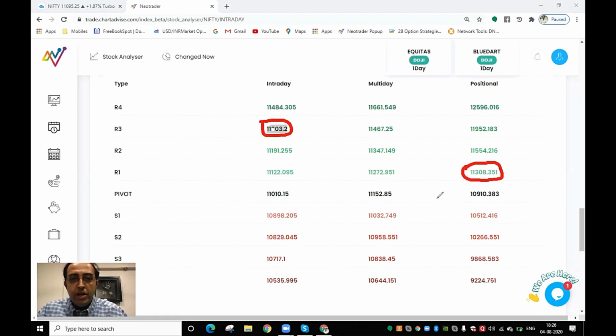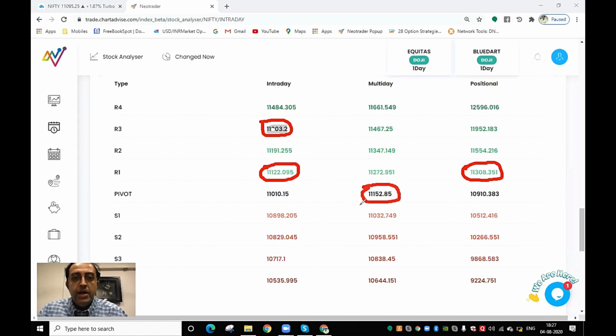Now, for the immediate actionable basis, what are we seeing? The closest levels we can come to are 11,122 and 11,152.